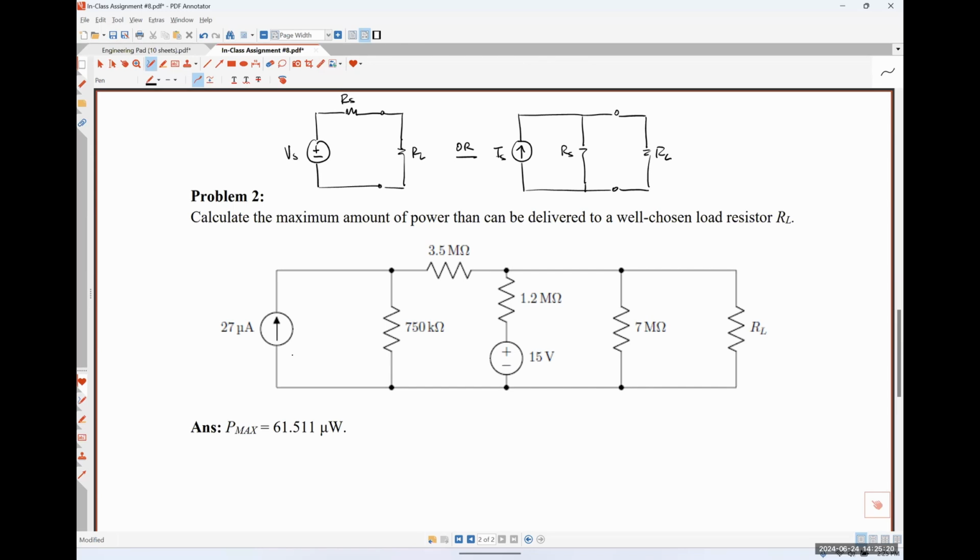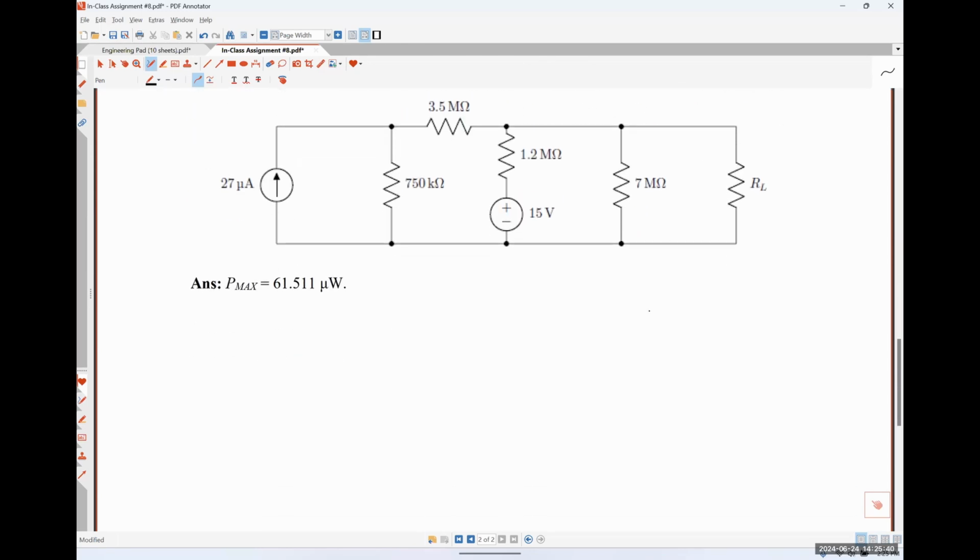Any other practical sources? The 15 volts in parallel with the 1.2 megaohms. Yeah, voltage source, it's in series, but you're absolutely right, Baylor. The 15 volts in series with 1.2 megaohms is very much a practical voltage source.